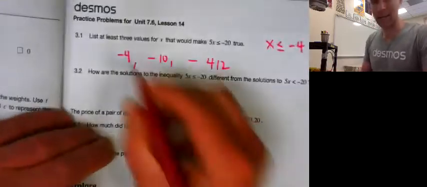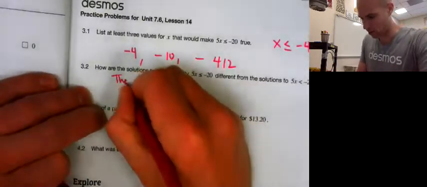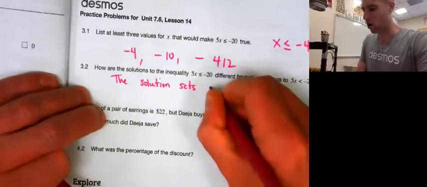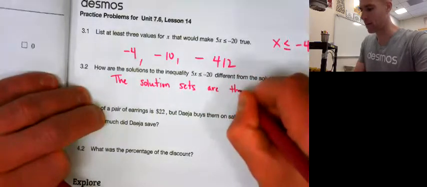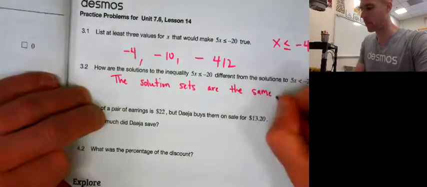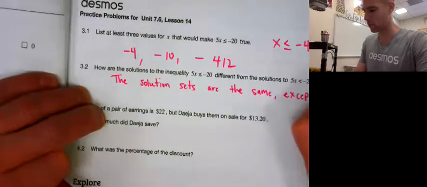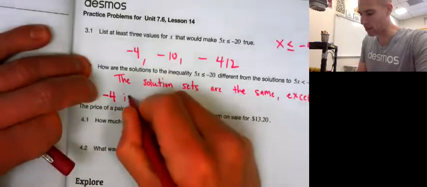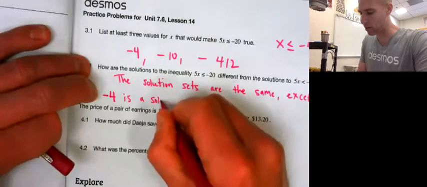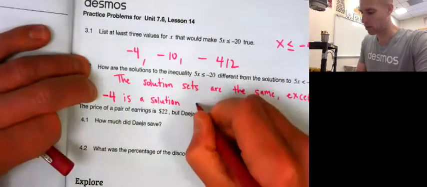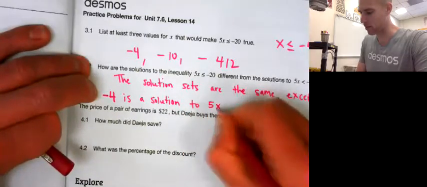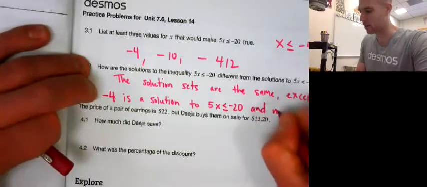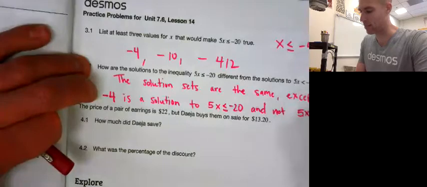So I would say it like this. The solution sets are the same except negative 4 is a solution to 5x is less than or equal to negative 20 and not 5x is strictly less than negative 20.